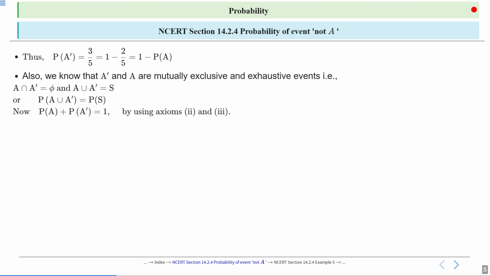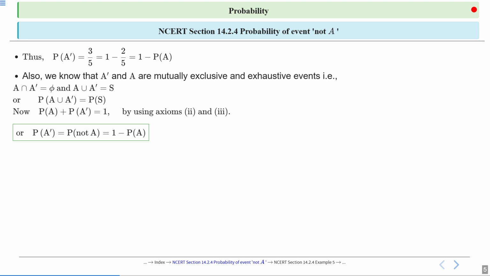And in axiom 3, we have seen that if two events are mutually exclusive, then probability of A union B is equal to probability of A plus probability of B. Now applying axioms 2 and 3, we obtain this equation: probability of A plus probability of A complement equal to 1. Why 1? Because probability of sample space S is always 1. So probability of A plus probability of A complement is equal to 1.